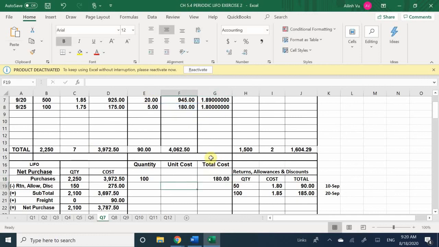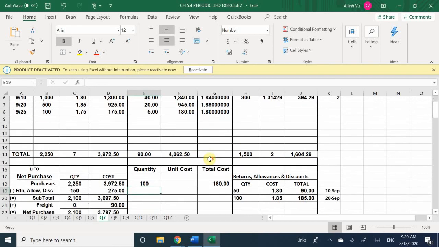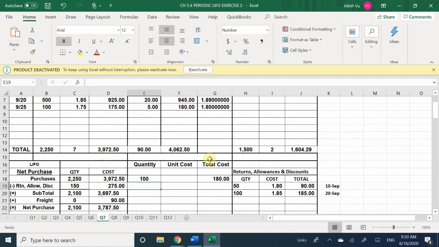All right. What's the next batch we're going to take out of? The 500. Do we still have that 500? No. How much do we actually have? 400. We had originally 500, but we returned 100 items.